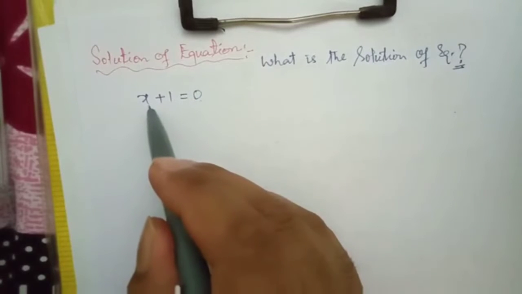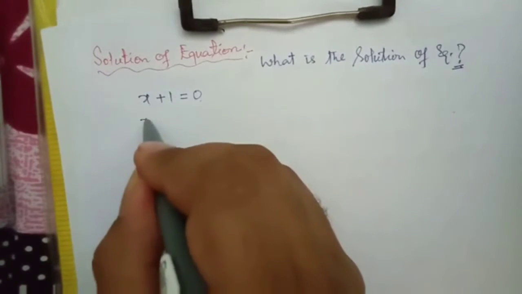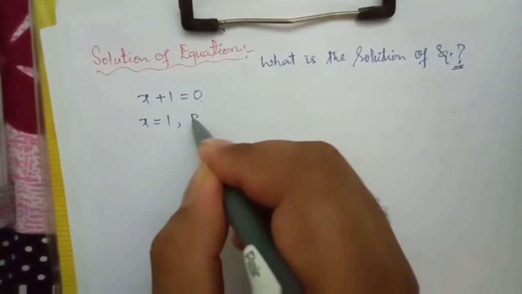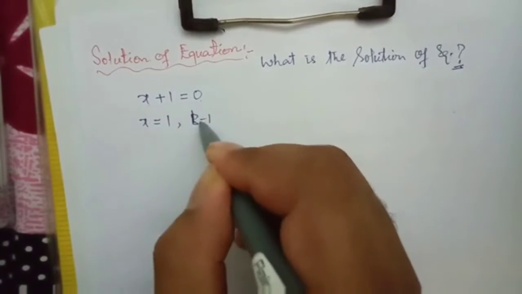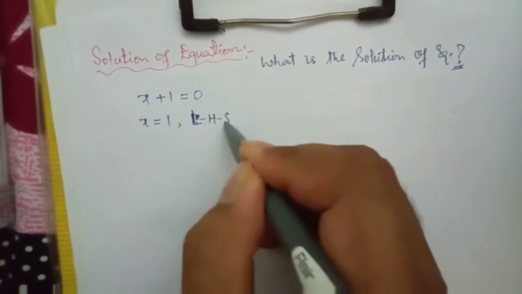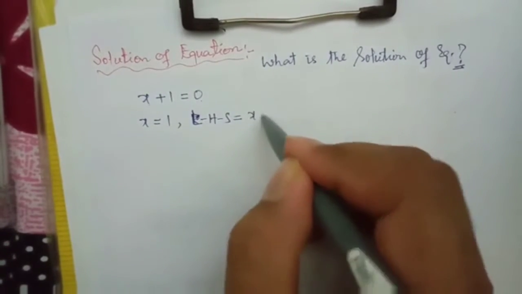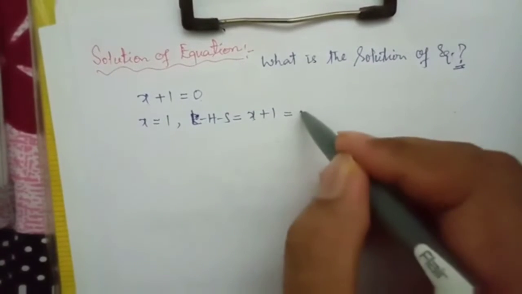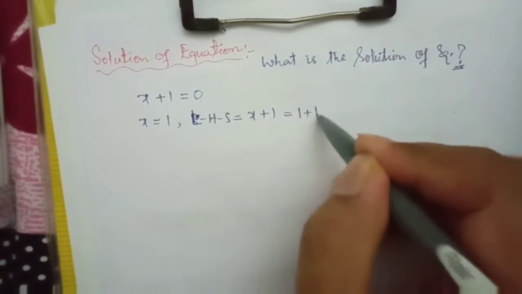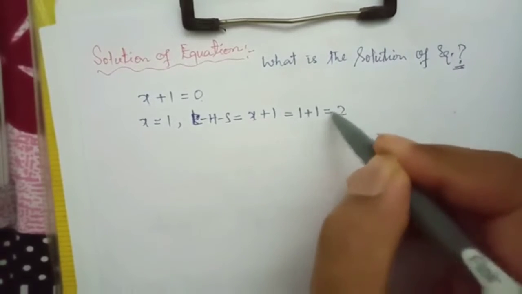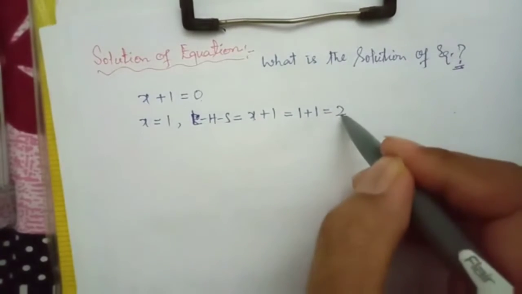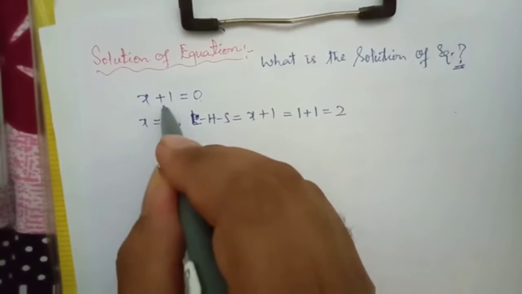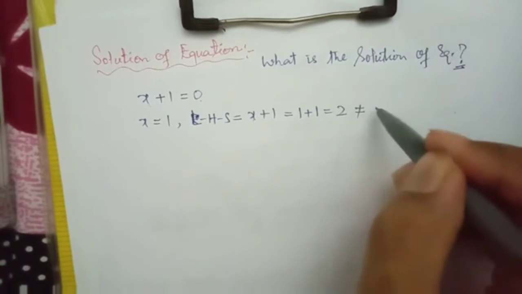x has some value. If I put x is equal to 1, then my LHS in this equation, x plus 1, will be equal to, in place of x I have to put 1, 1 plus 1 is equal to 2. So LHS becomes equal to 2 on placing x is equal to 1 in LHS, which is not equal to RHS.